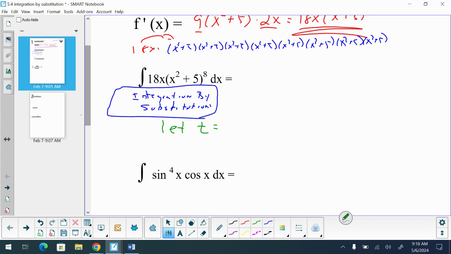So you look for that to let t equal that value, the stuff that's inside, not the exponent, just the stuff inside that quantity. Well, the stuff that's inside the quantity is x squared plus 5. This is the value that's inside the quantity with an exponent of 8.